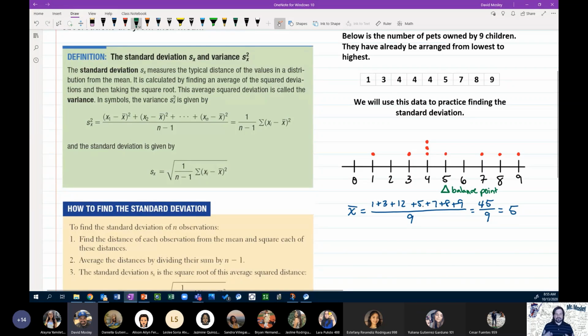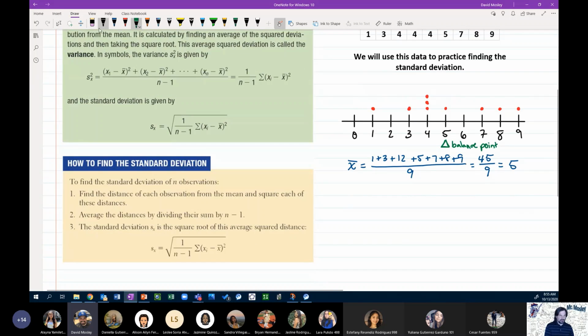So we're looking at distance from the mean. We're going to make a basic table. We have an observation, which is the fancy word for the numbers we have in our data set.